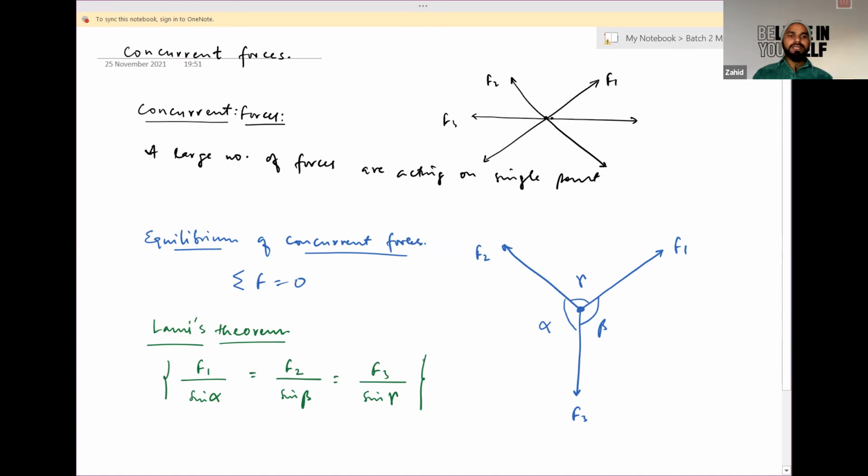So this is Lami's theorem. Is it clear? Yes, sir. Sabita? Yes, sir, it is clear.